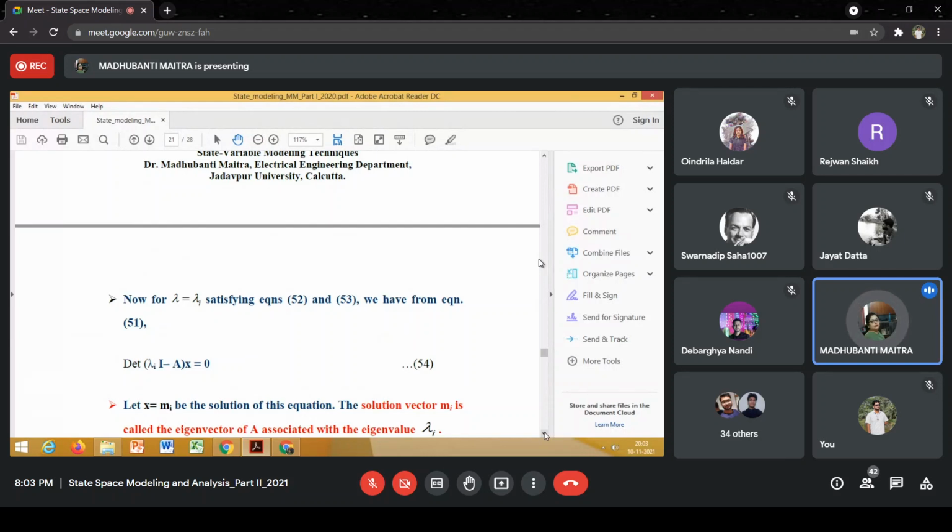So for a particular value of lambda equal to lambda i, we can write this particular equation, (lambda i times the identity matrix I minus A) x equal to 0.